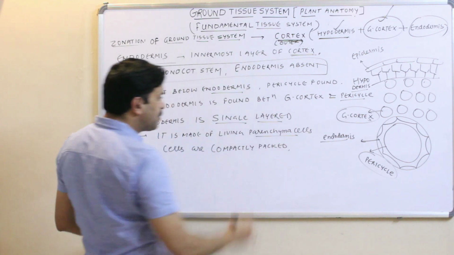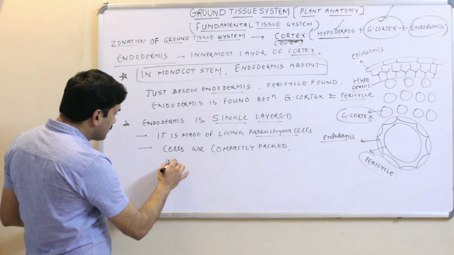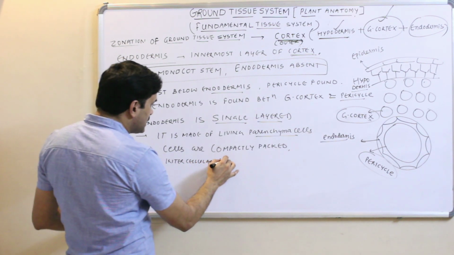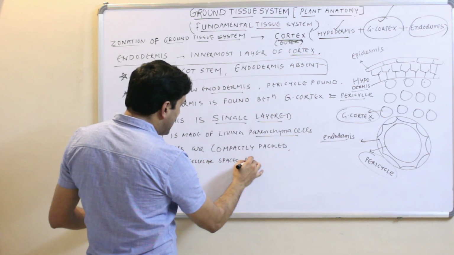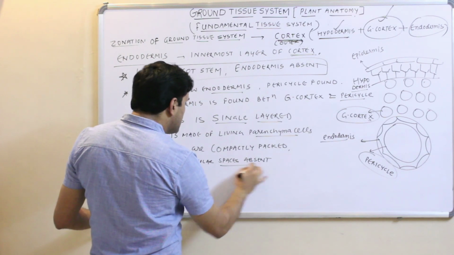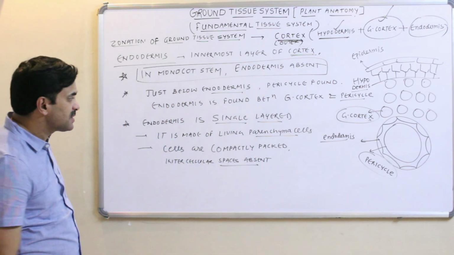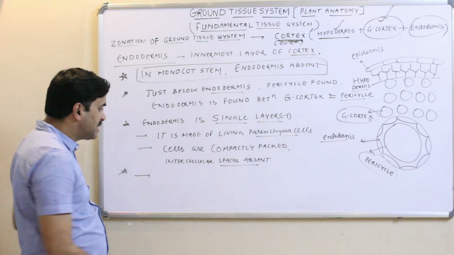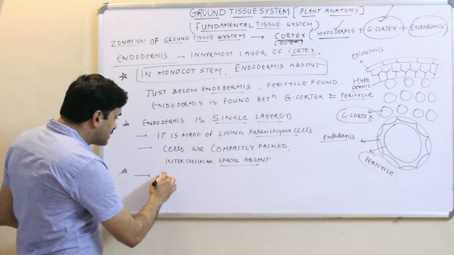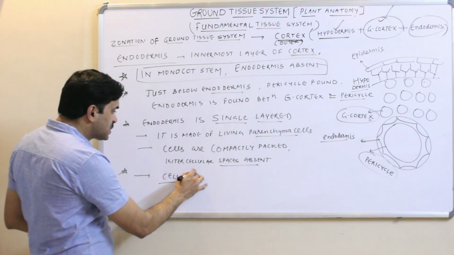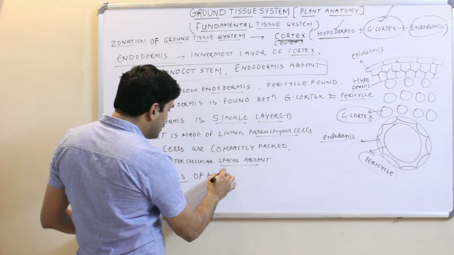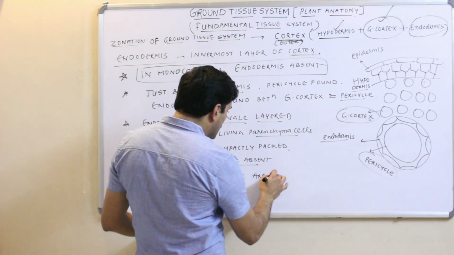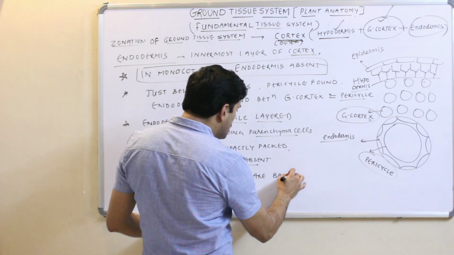Cells of endodermis are compactly packed, intercellular spaces are absent, and the key feature which was asked in the examination, very important, cells of endodermis are barrel shaped.